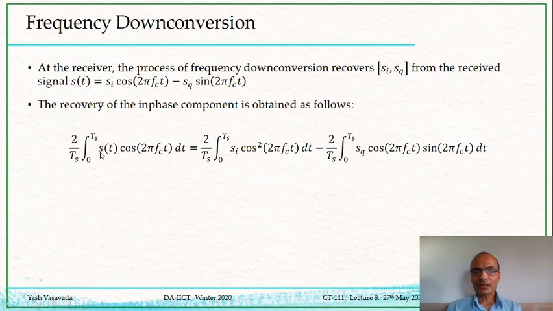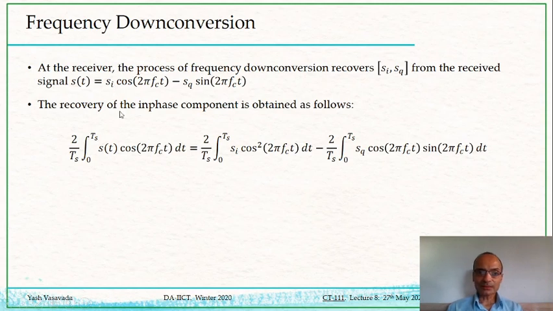We take the incoming signal s of t, we multiply it by cosine of 2 pi f ct, and this product we integrate from 0 to symbol duration, 0 to ts, and then we need to scale the output of the integral by 2 over ts. This part, I say that it will give us S of I.